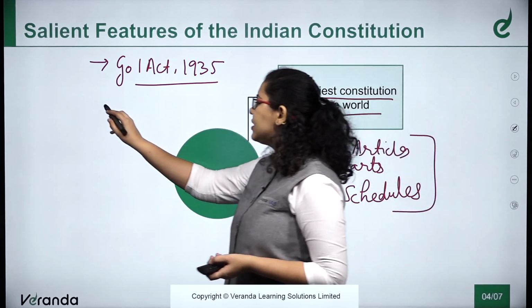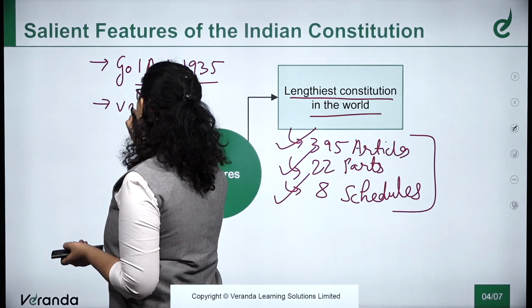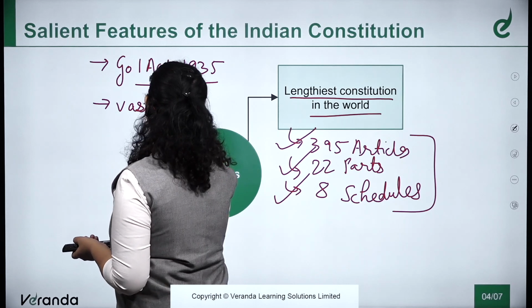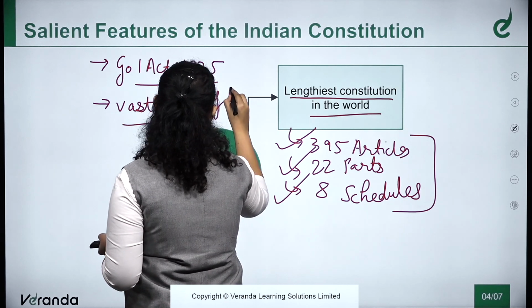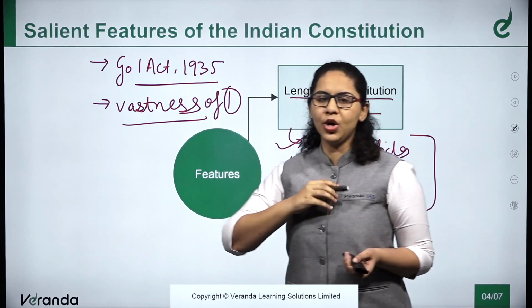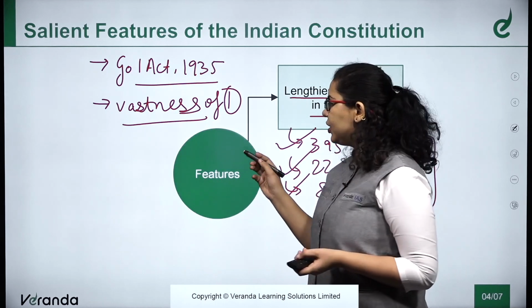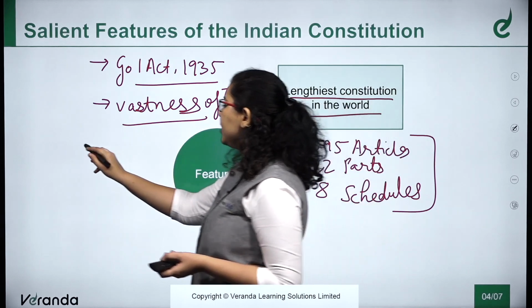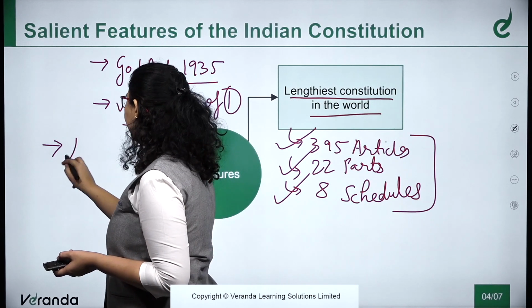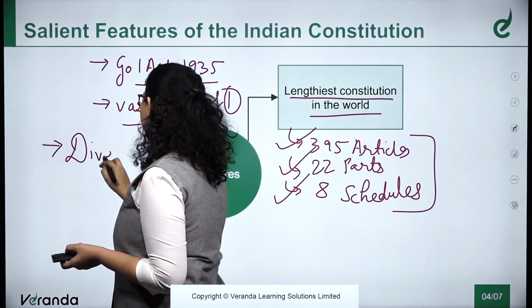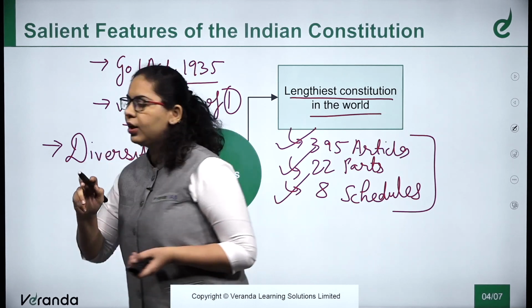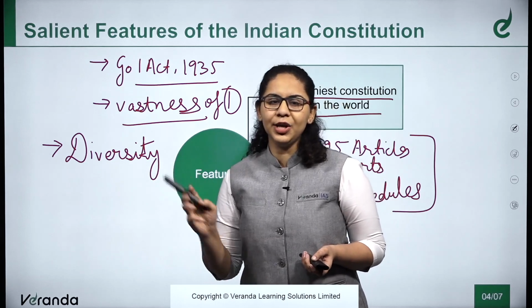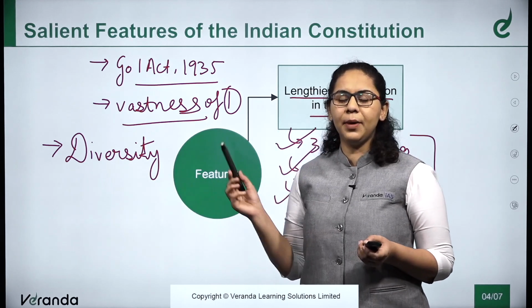Apart from this, the geographical area of the country is very large, so the vastness of India is making Indian Constitution large in size. Apart from this, we have great diversity. People from different castes, different religions, different cultures live in India. So the diversity of India is also one among the reasons.